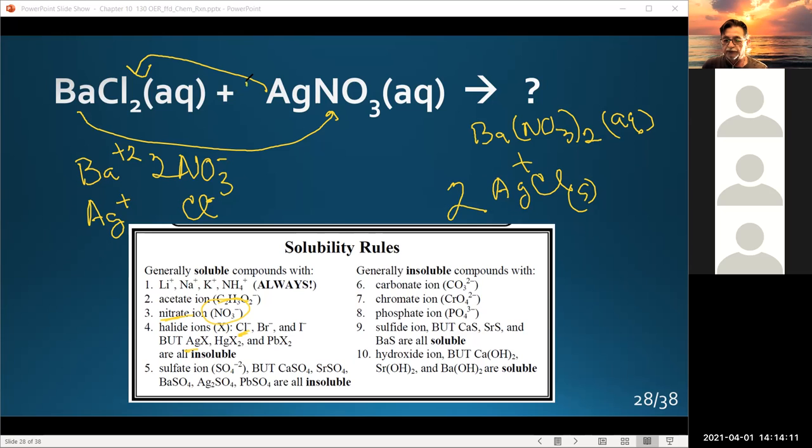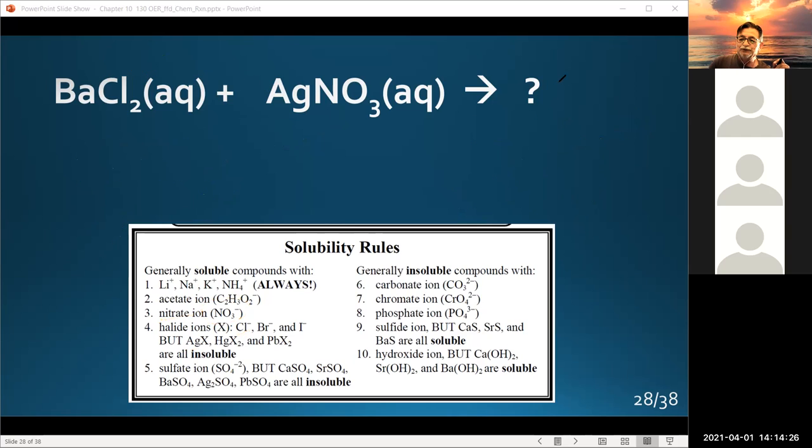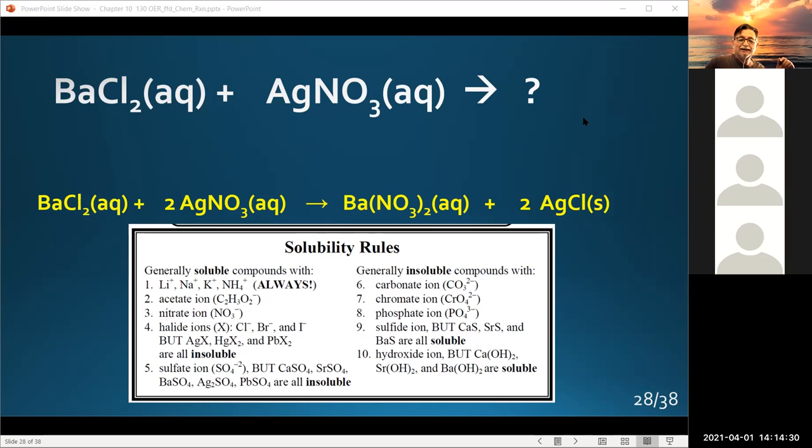So if I put a 2 in front of silver nitrate, that balances out my silver. And guess what? That gives me 2 nitrates at the same time, which balance out my barium nitrate. All right, let me clear up my mess and we'll show you a little bit cleaner formula. There you go. All right, so we got a positive reaction.